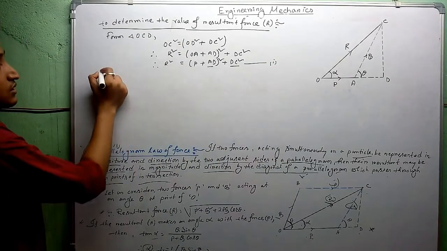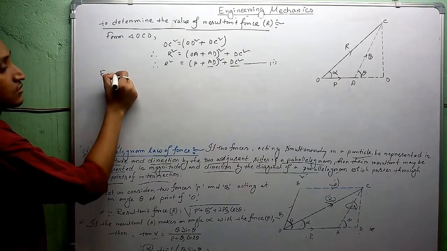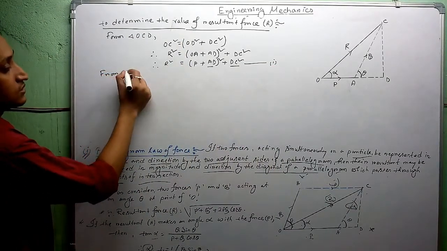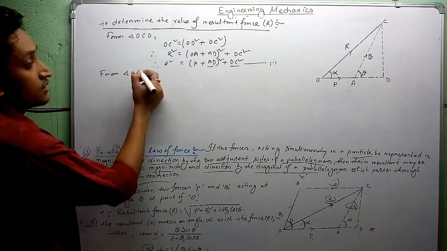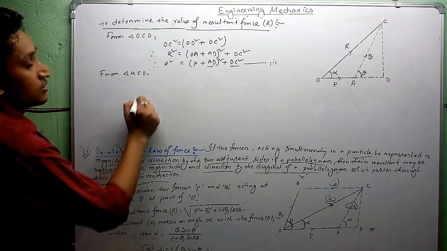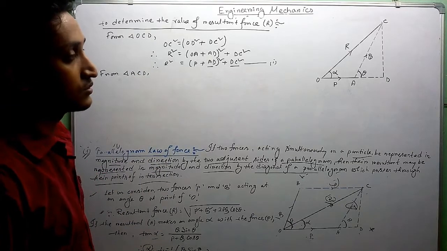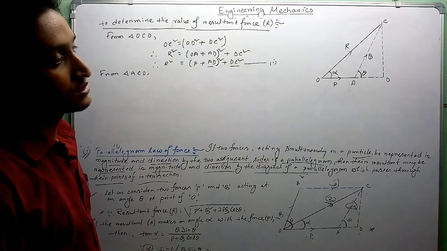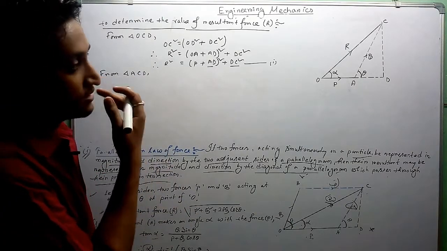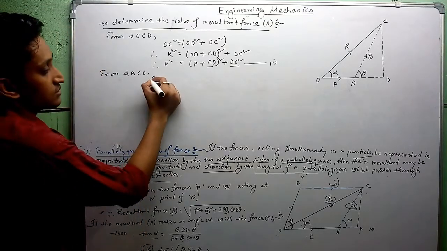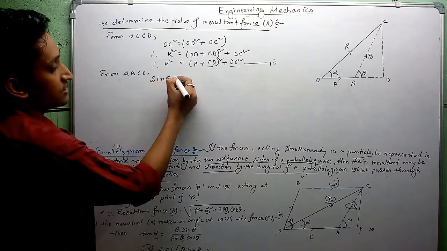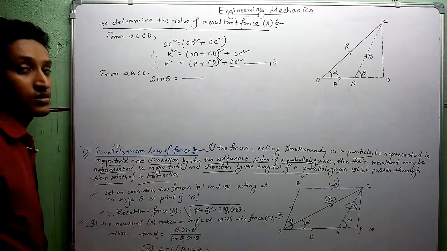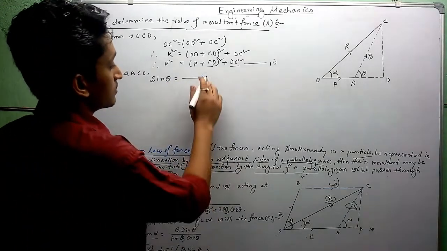Again, from triangle ACD we can write sine theta is equal to height by hypotenuse.